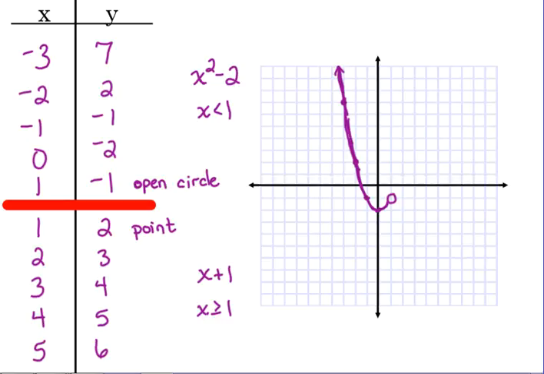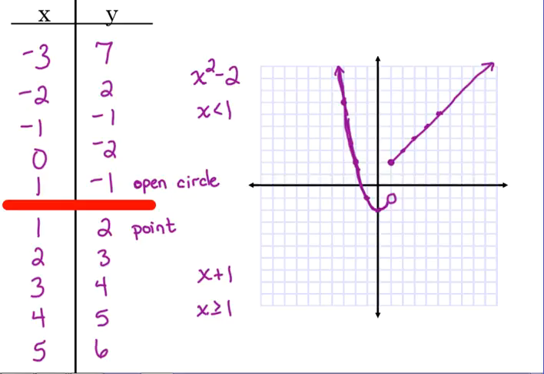Then I'm going to plot the second set of points that I have. 1, 2 gets a point, a closed circle. 2, 3; 3, 4; 4, 5; 5, 6. I could keep going, so I'm going to extend this part over here.